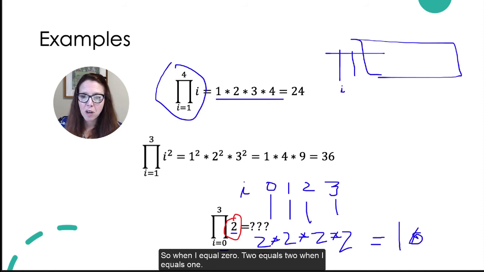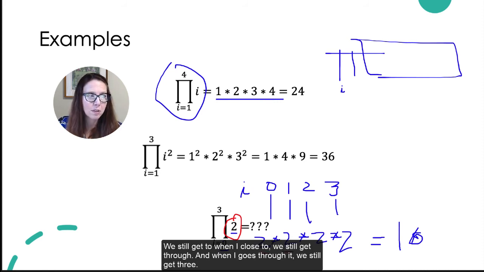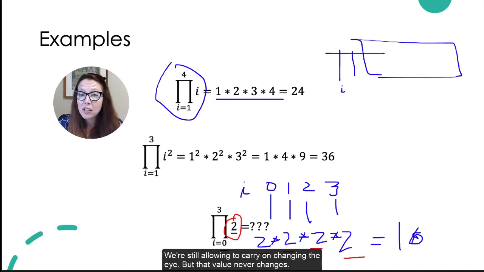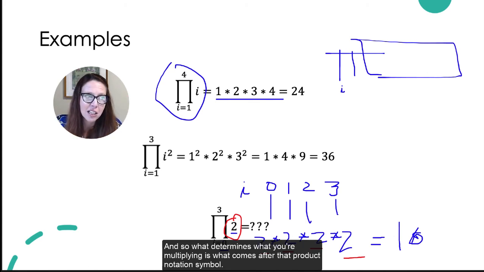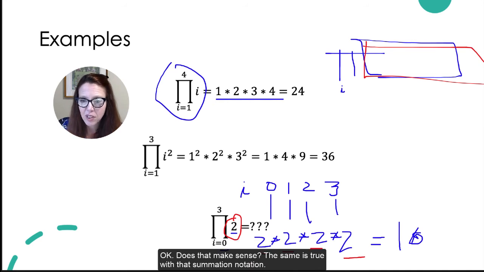When i equals 1, we still get 2. When i equals 2, we still get 2. And when i equals 3, we still get 2. We're still allowing i to carry on changing, but that value never changes. And so what determines what you're multiplying is what comes after that product notation symbol. Okay, does that make sense?